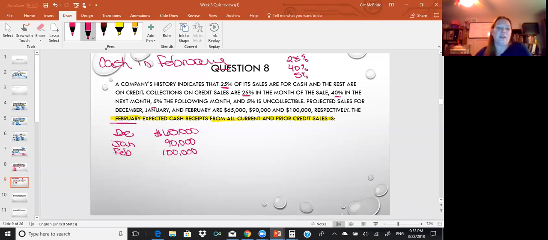So the first thing we're going to say is, well, in February, we have some of December's cash coming in. So this is the month of the sale. This is 1 month after. This is 2 months after.